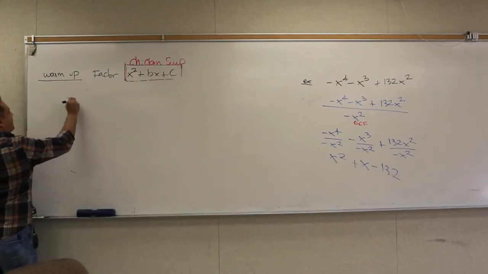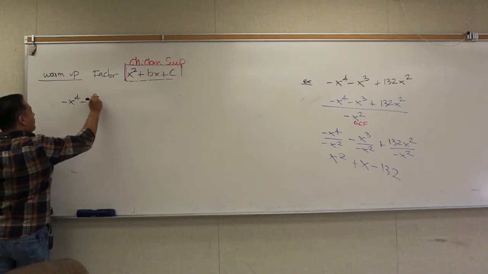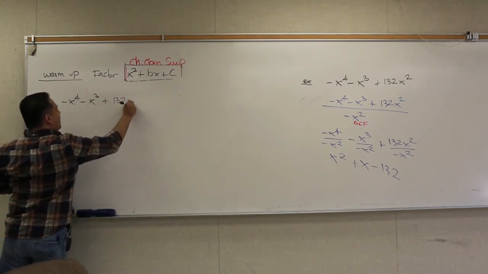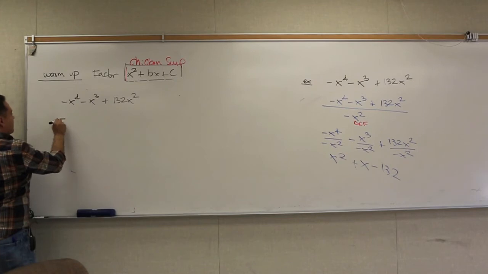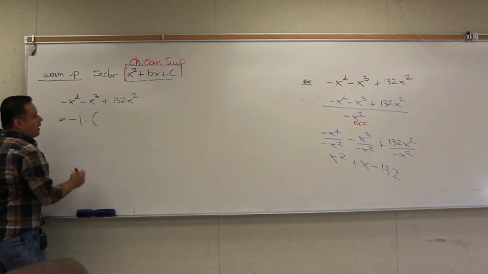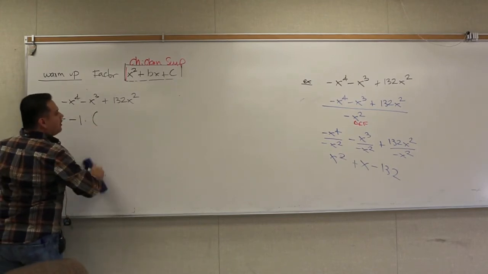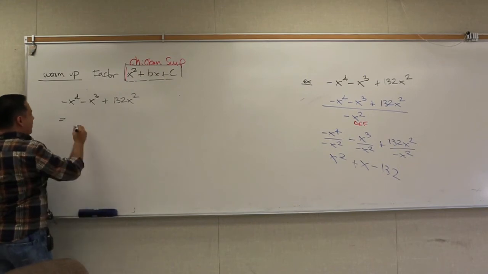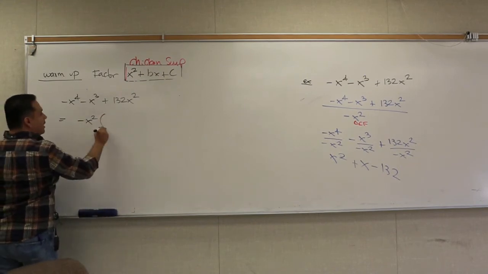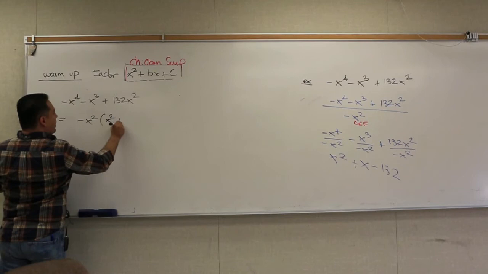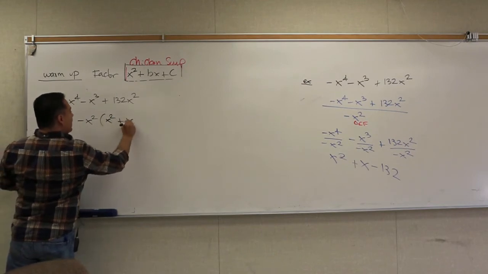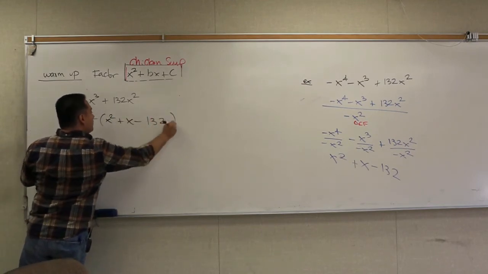My negative x to the 4th minus x cubed plus 132x squared becomes negative 1 times what? Or not negative 1? Negative x squared times x squared plus x minus 132.